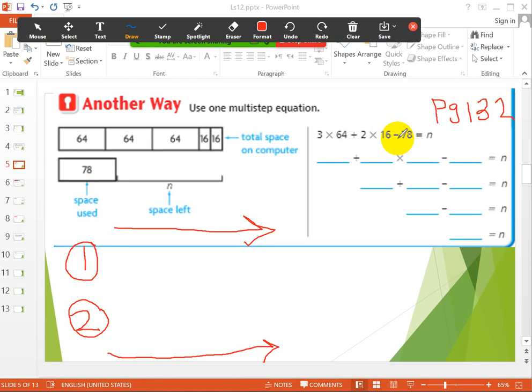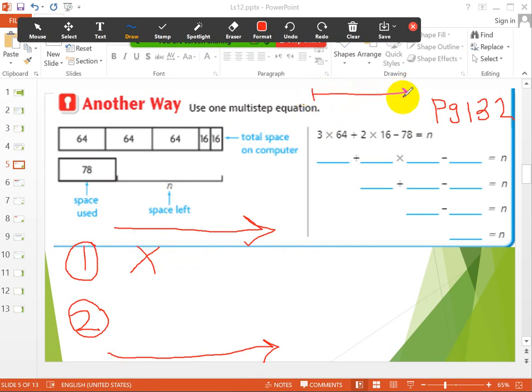Do I start with multiplication, or with addition? No, you have to start as we learned in the order. So the first thing, I have to start with multiplication, from the left side to the right side.